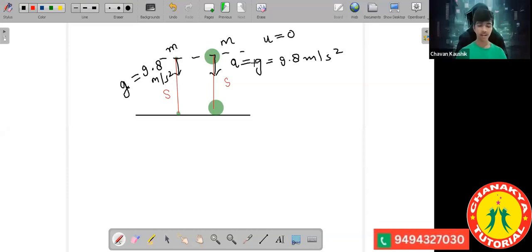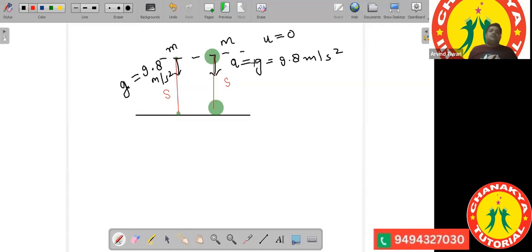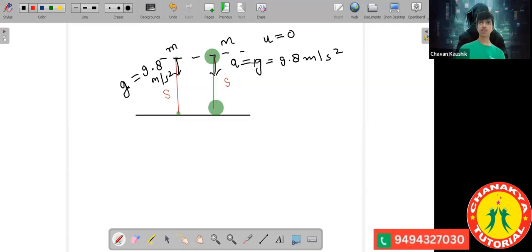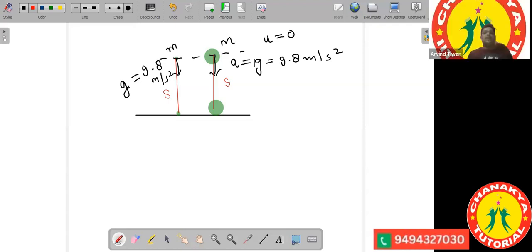Sir, I have a question. Does the weight of the object matter? No, the mass of the object does not matter. Sir, I saw this YouTube short where this guy dropped a spring and a ball at the same time, but the spring took longer to come down. Yes, even if you drop a feather and a brick, obviously the brick will come faster.